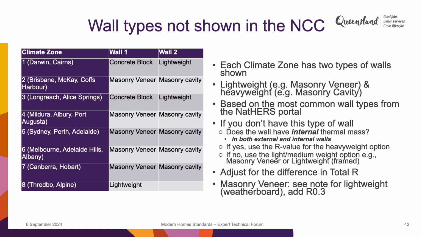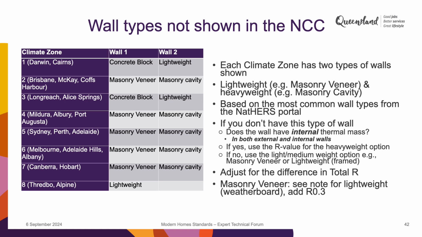So if you've got concrete block walls, for example, in Cairns, concrete block on the inside, the R value that's recommended is a certain level. But if you had a brick cavity house, you could also use those same R values in the external walls.